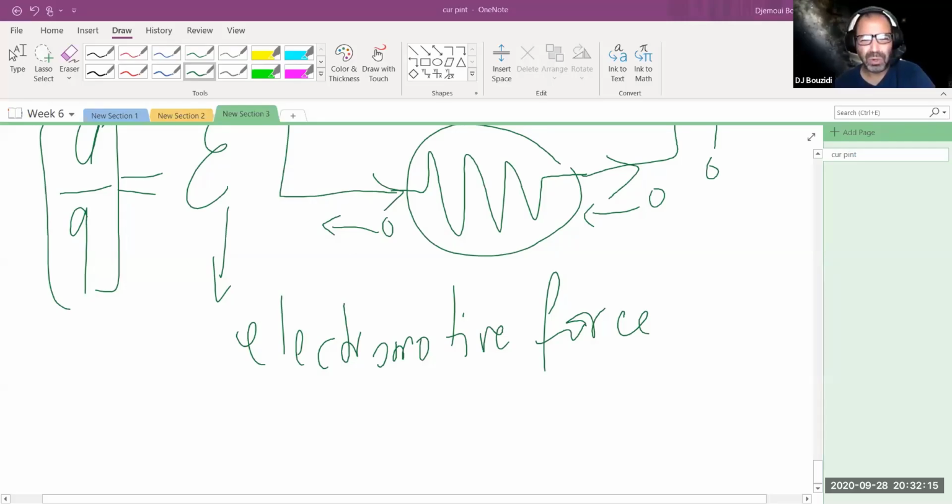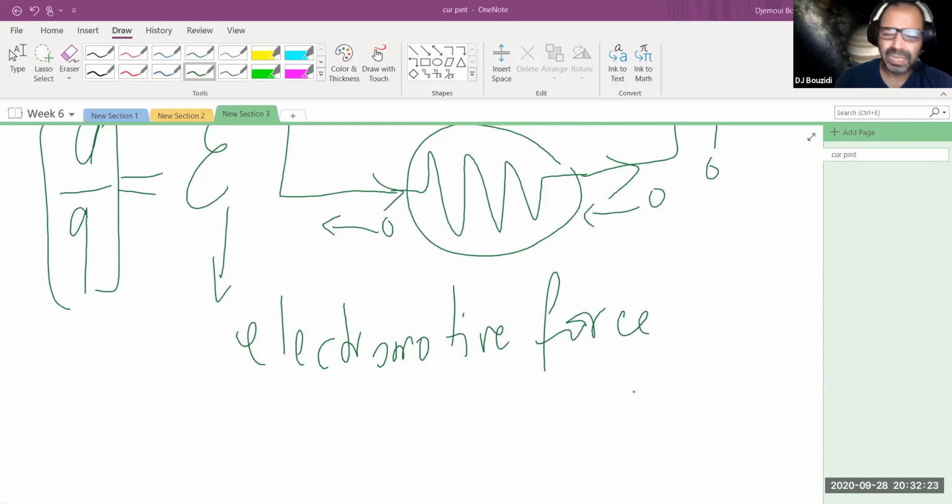I'm sorry. So the electromotive force is the energy required to move 1 coulomb by the battery. Basically, that's what it is. So it's an energy, so that we're clear on that.